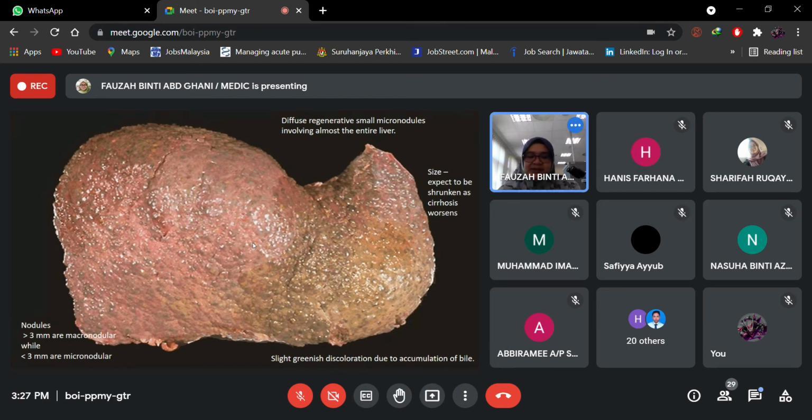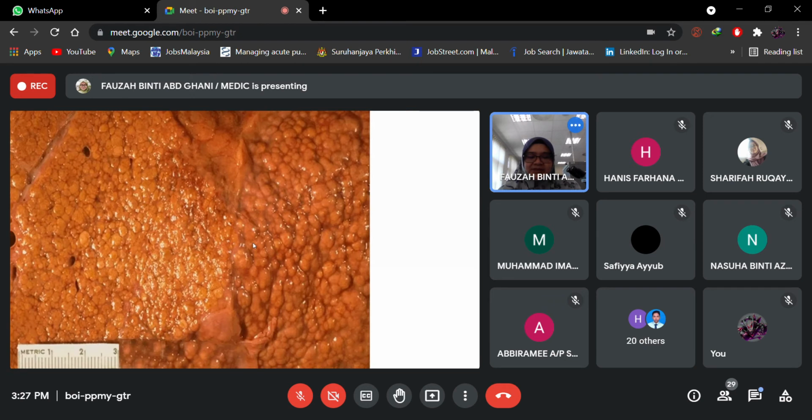Okay, all right, good. So can someone just add on to what has been mentioned by Abirami? Anything else you want to add? So I think we can appreciate here that there is a scale, and the scale shows that those are micronodules. Most of them are less than 3 millimeters in size. Okay, and it's a lot.